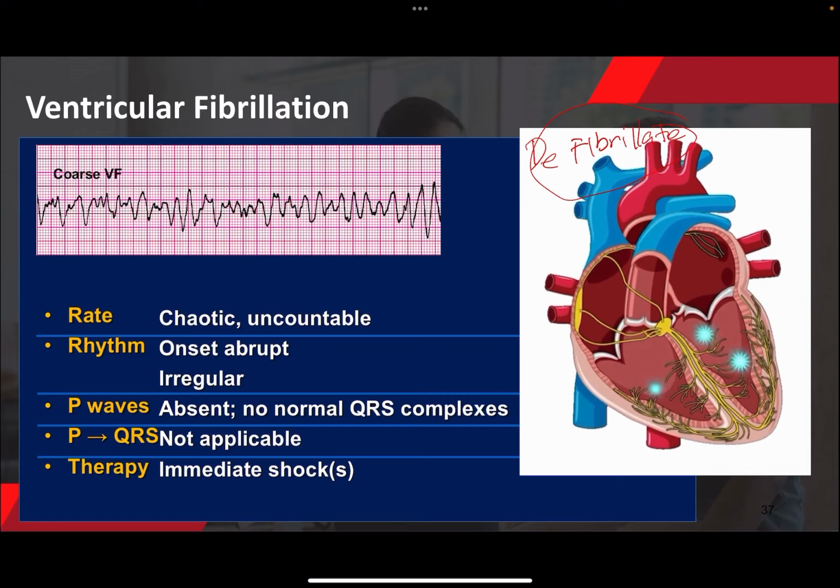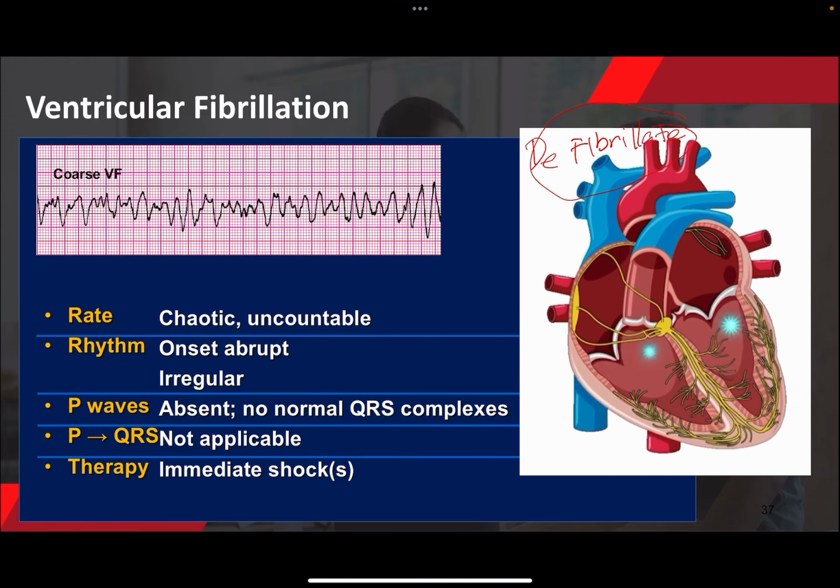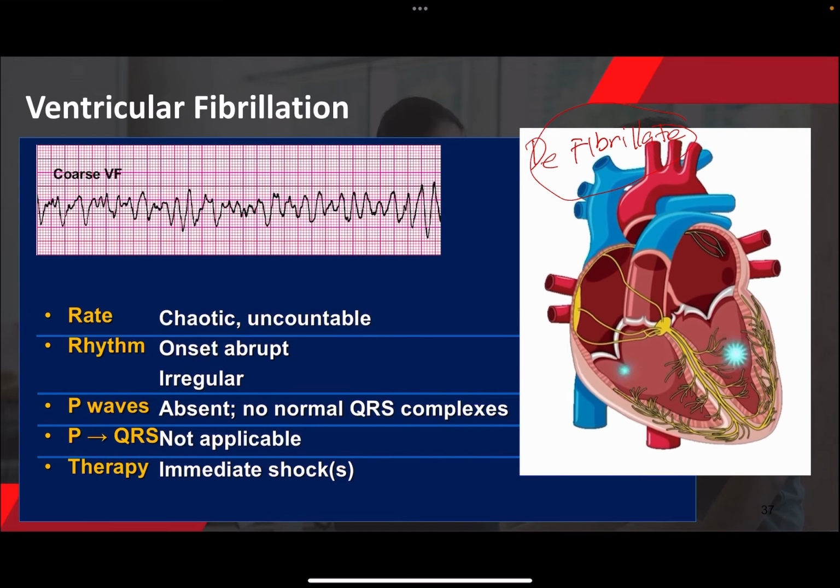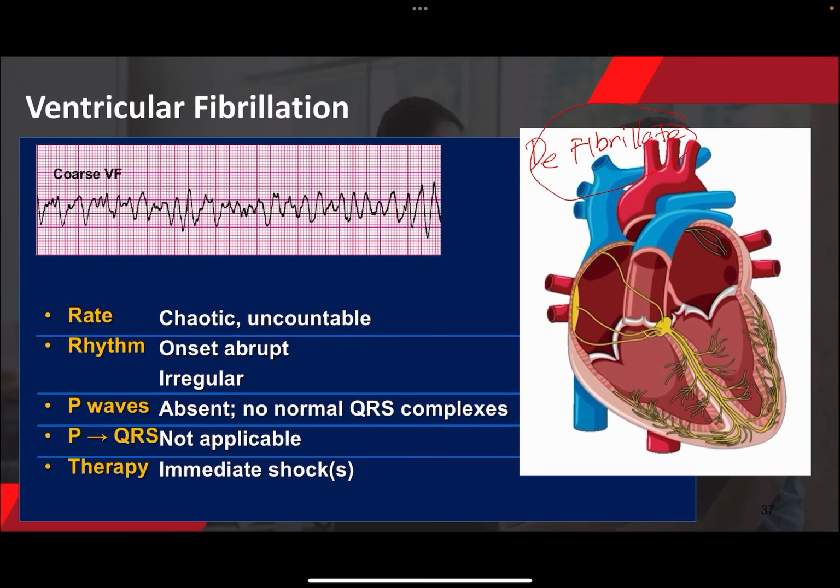We need to shock the patient. For the LifePak 15, the recommendation starts with 200, and then 300, and 360.